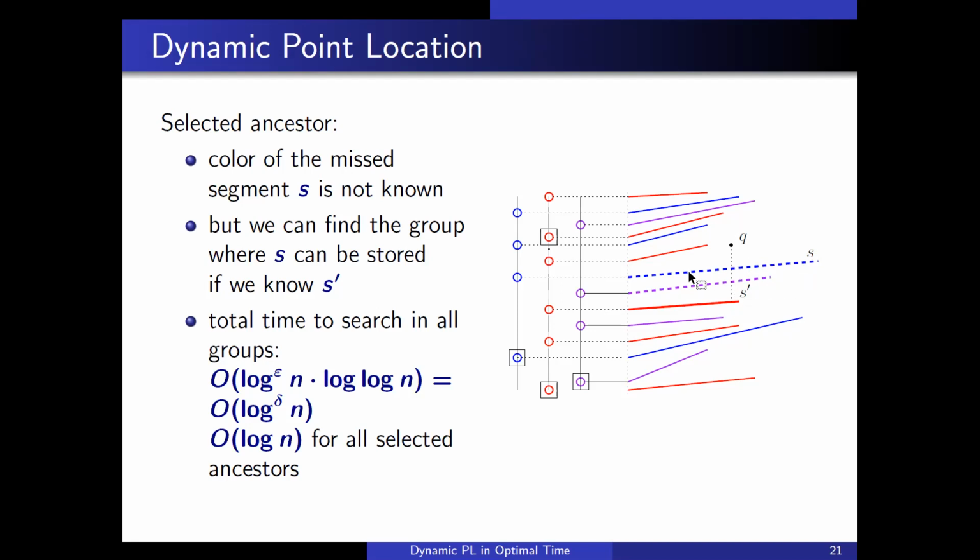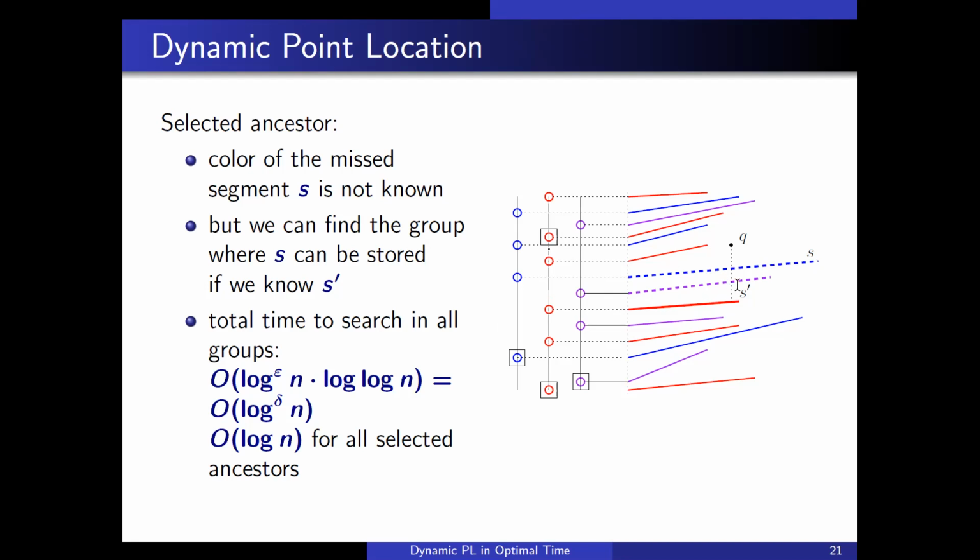So I don't even know the color of the segment S in this auxiliary list. But what I can quickly do is to find the group where S can be stored potentially. So if there is a segment S that was missed by the query, then I can find the group in which this segment S can be stored. And there's just one such group.